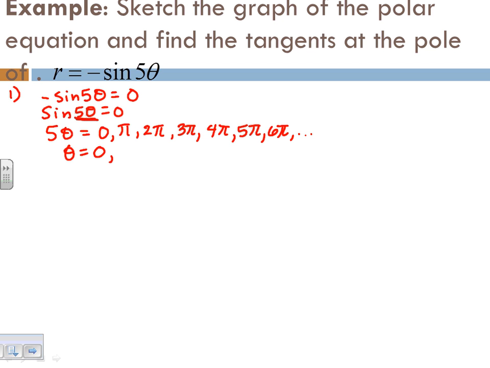So 0, pi over 5, 2 pi over 5, 3 pi over 5, 4 pi over 5, 5 pi over 5, which is just pi, which is the same as the 0 line. So all of those are going to repeat. I don't need any more.